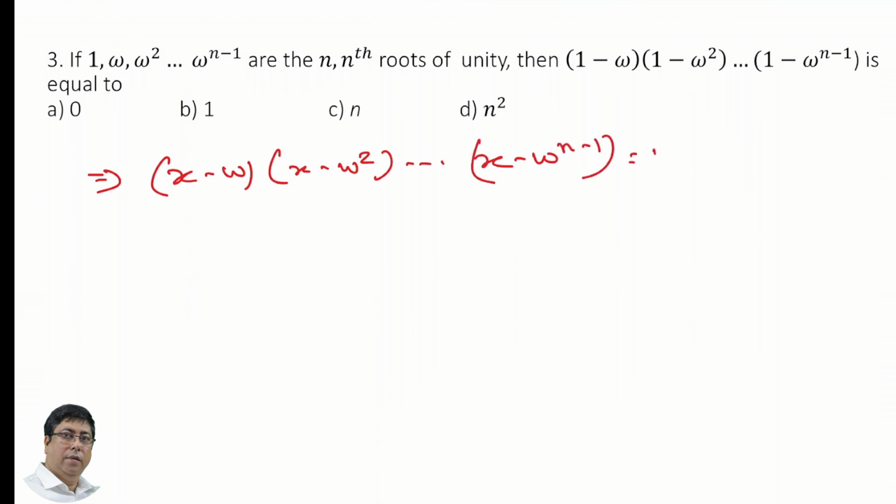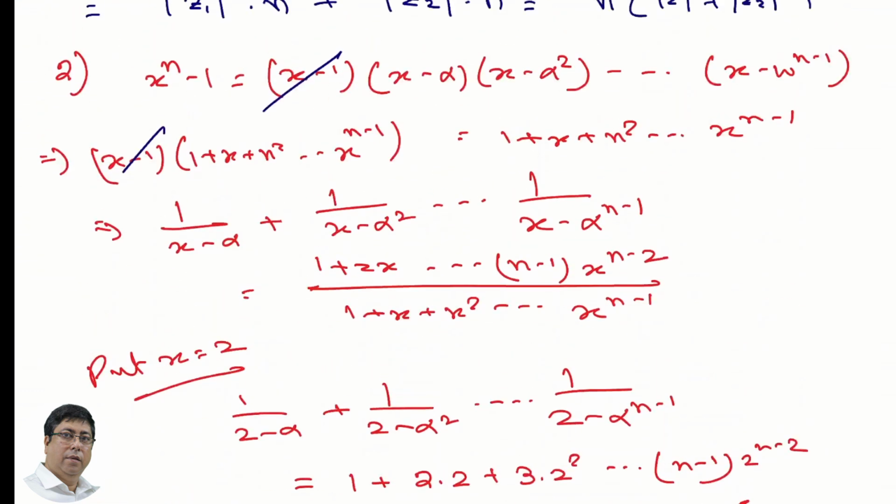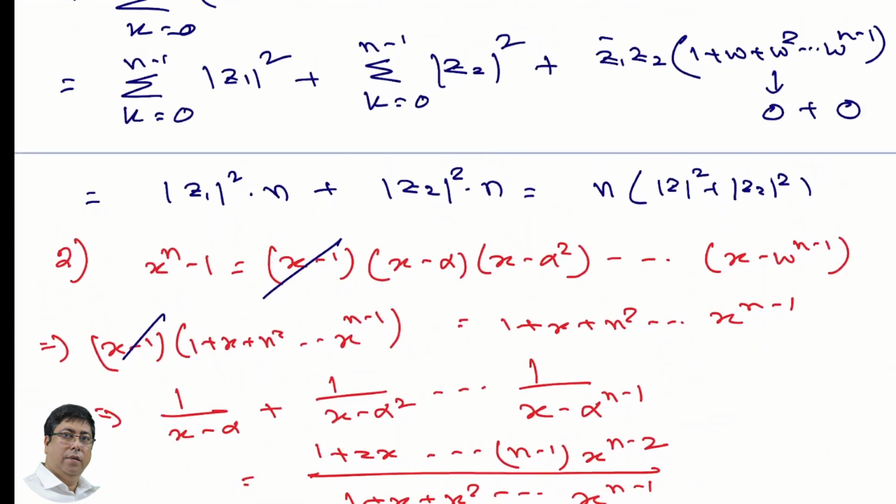equal to 1 plus x plus x square up to x to the power n minus 1, because as we did in the first case, x to the power n minus 1 equals (x minus 1) into (x minus omega) and so on. This step has been used here, and I have cancelled x minus 1 on both sides.